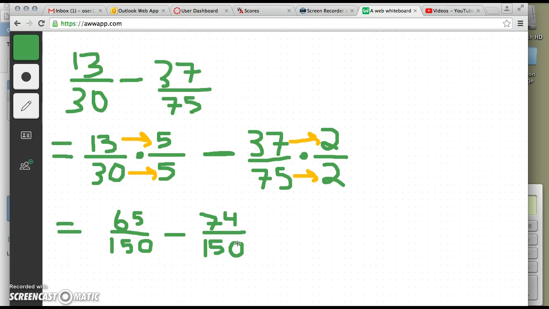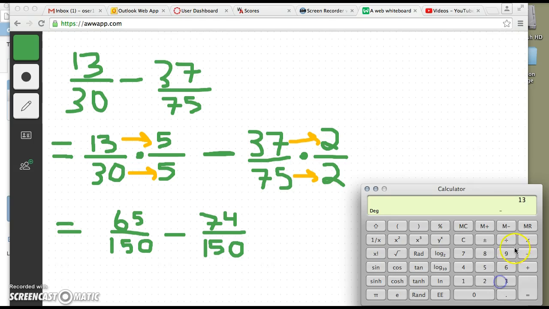Okay, guys, I just want to show you really quick so that we all see that what we did here is multiply our two fractions by 1, and we did not change their values. 13 over 30. What is that? 13 over 30. That is... did I do something wrong?